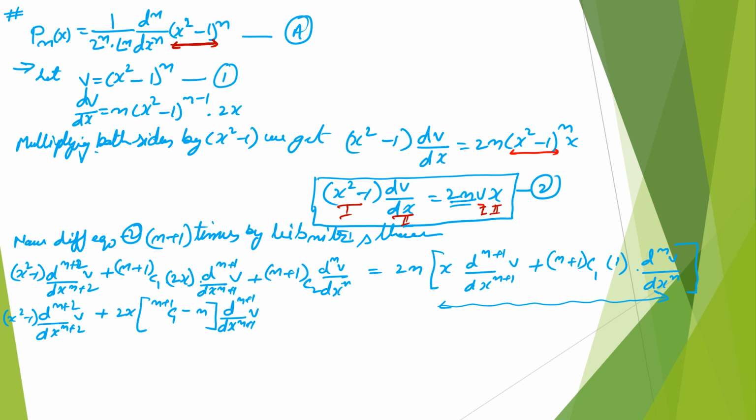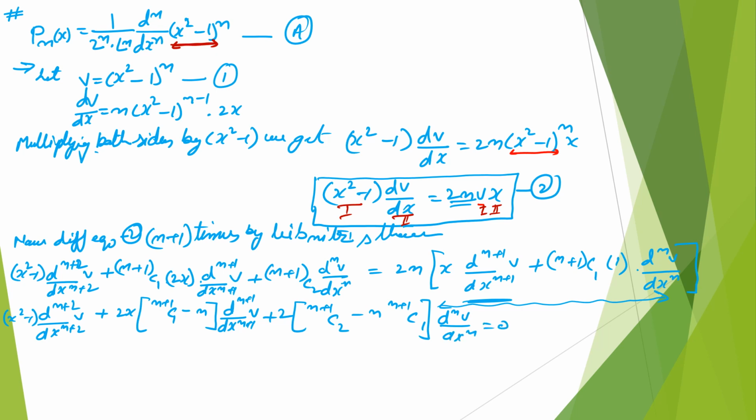This n is from the right side, plus 2 into (n plus 1) C2 minus (n plus 1) C1 and the derivative d^n v over dx^n is equal to 0.